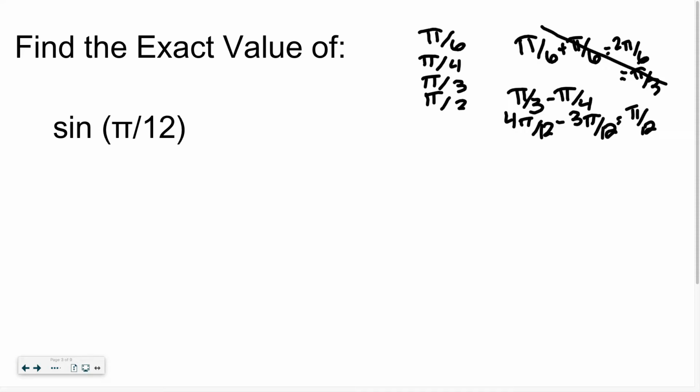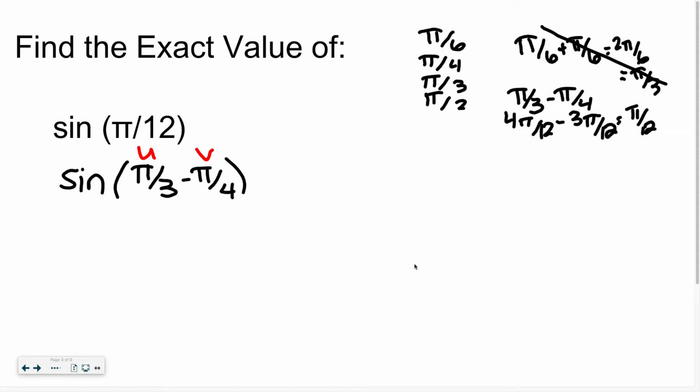Okay. So let's let this be, who gave me the pi thirds minus pi fourths, Josh? Okay, let's make this pi thirds minus pi fourths. So that's my u and that's my v. And then I'm just looking at the formula on the front, right?